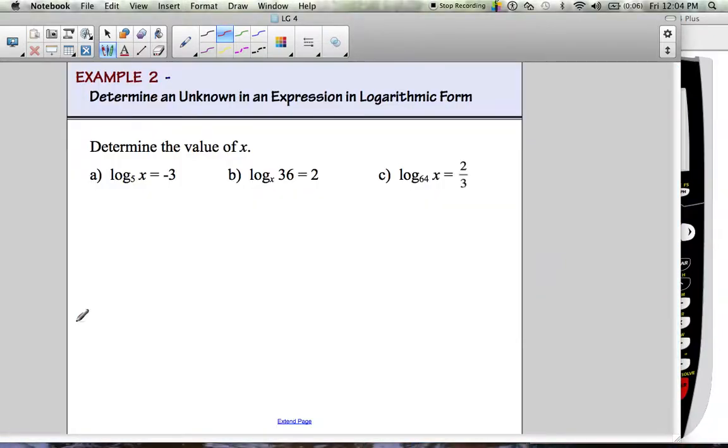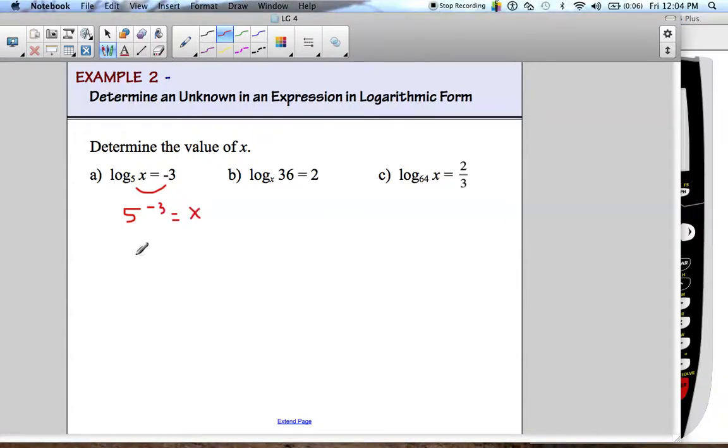Now let's just determine the unknown in expressions. So here we go. We're just going to use the boot up because we're trying to solve for x, and x in this case is the argument. So we're going to boot up. So we have 5 to the negative 3 equals x.